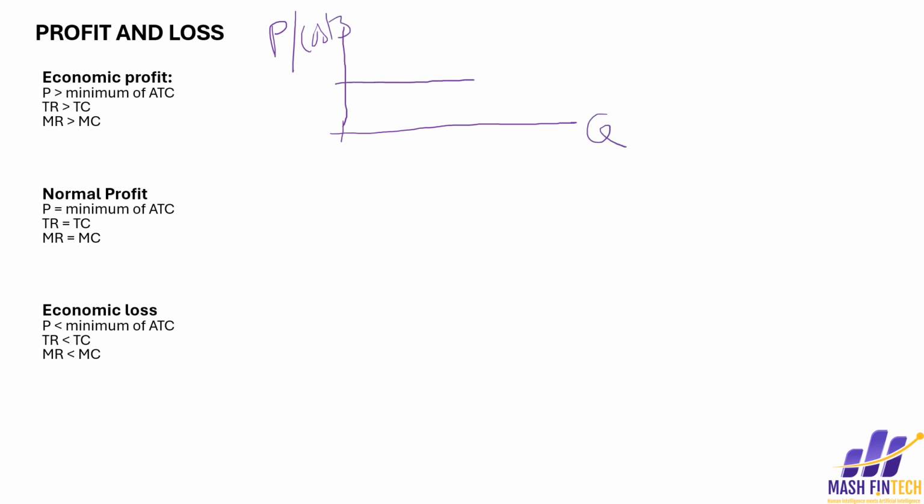If this is our price, which we said our price is the demand, is the average revenue, and it is the marginal revenue as well, the minimum point of the average total cost curve has to be below the price, such that we have the difference here being our profit, right?